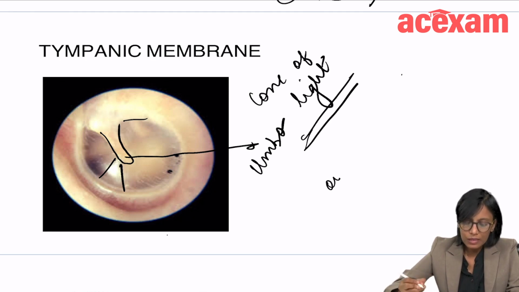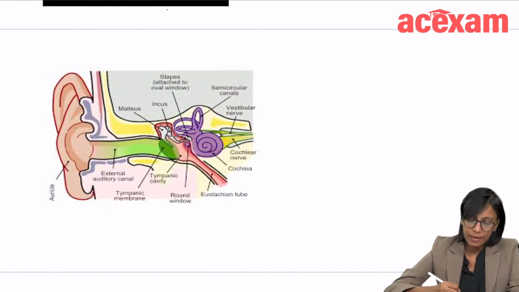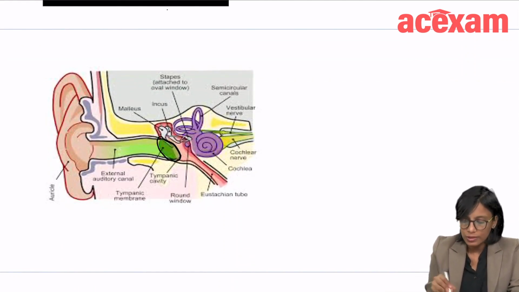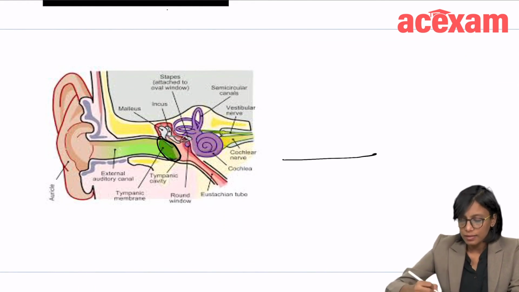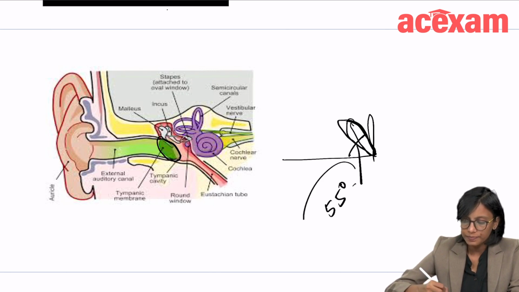So why is the cone of light there? Because you can see in this diagram, the tympanic membrane is at an angle. So this is the external auditory canal, and the tympanic membrane is like this. It's not straight. It is attached like this, so it is forming an angle of 55 degrees.